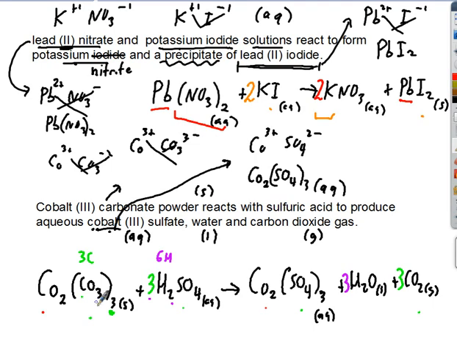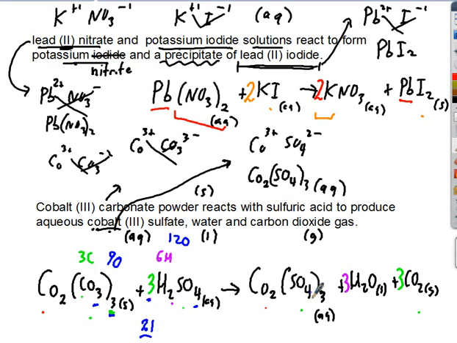I have 3 oxygens inside each carbonate, but I have 3 carbonates, which makes 9 oxygens. I have 4 oxygens in every sulfuric acid molecule, but I've got 3 molecules. So that's 3 times 4, which makes 12 oxygens. Gives me a grand total of 21 oxygens on this side of the equation, which means I need 21 oxygens on this side of the equation as well. Let's see if we have that.